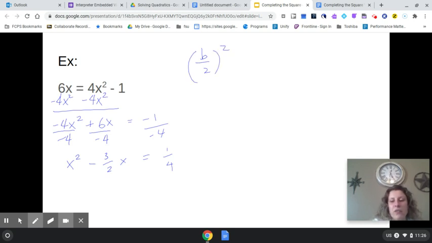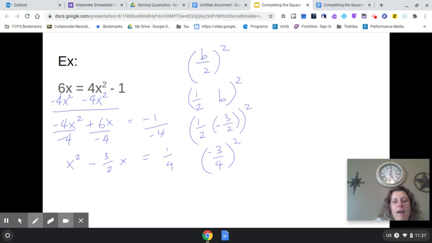This time b is a fraction, so I'm going to think of that as 1/2 times b quantity squared, and my b value is negative 3/2. If I multiply 1/2 times negative 3/2, we get negative 3/4. Squaring that value, we get 9/16. So we're adding 9/16 to both sides of the equation.